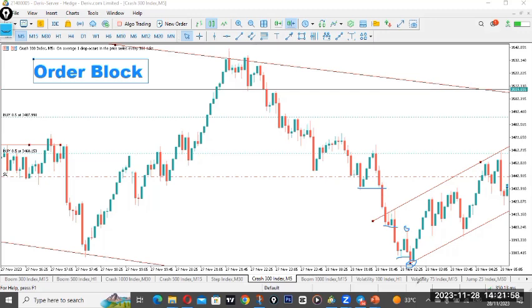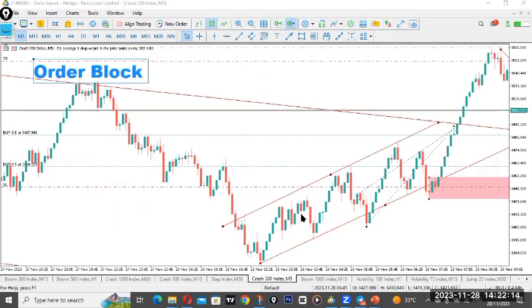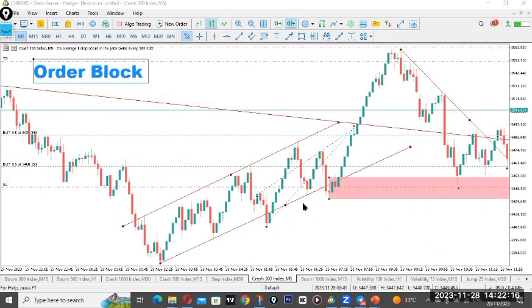Now here, price has made this low. Then at this point, you can see what happened. Price broke structure to the upside, and that is what we call change of character. Now let's see.